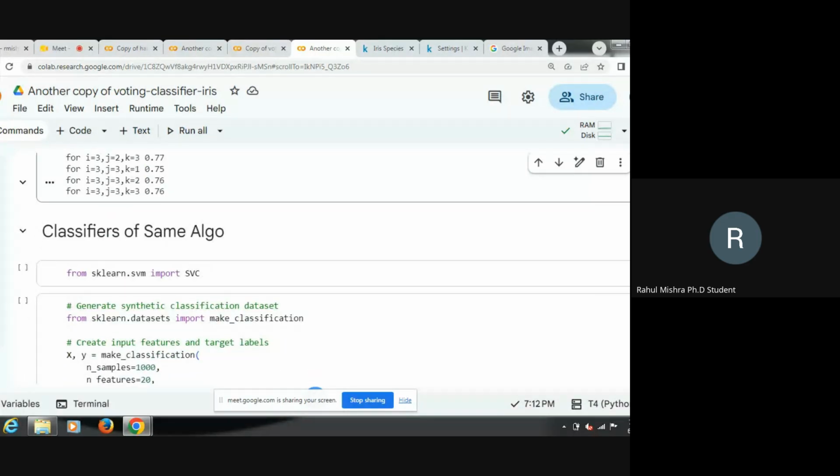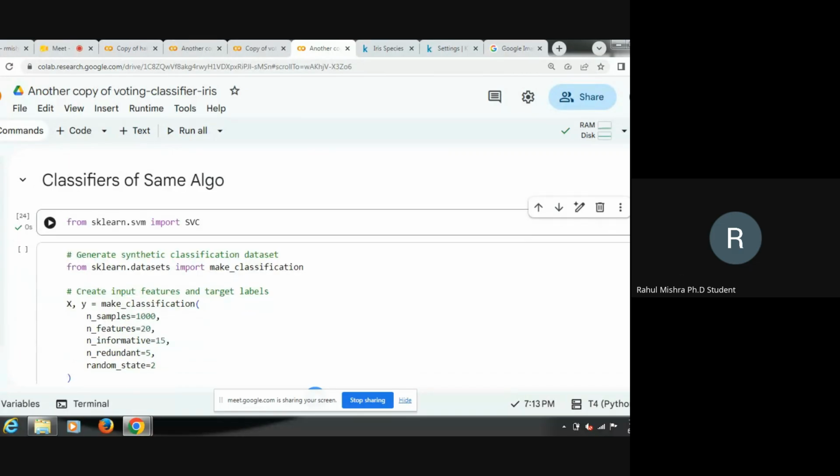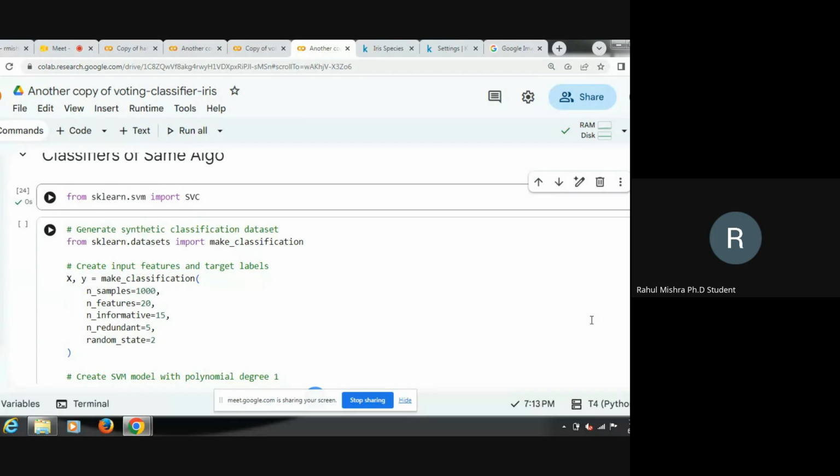Again, simple. We have created a sample data set here to find out the result of soft voting. Here, I am just using one normal classification in which I have created 1,000 samples. It's totally different from the previous code. This is just a test case that could be used to find out the best result if you are applying different techniques. So I am having n samples of 1,000 and features 20.